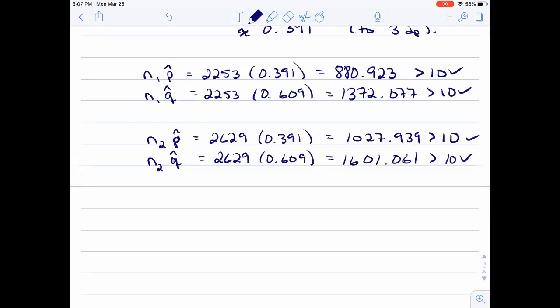And now on to our confidence interval. Is your arm sore yet?